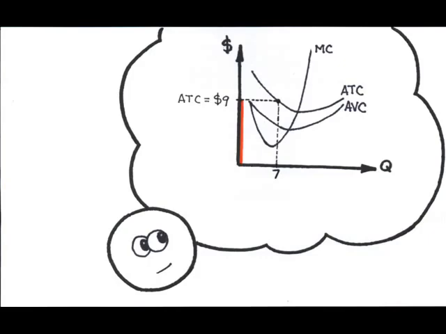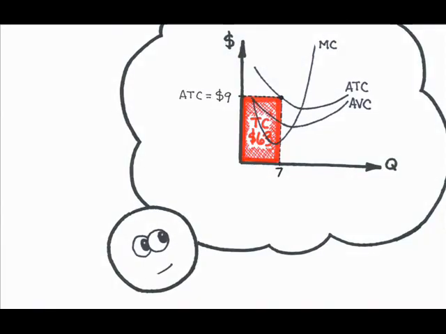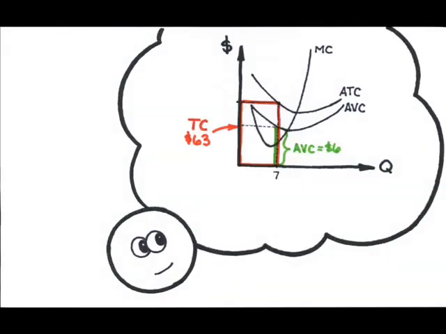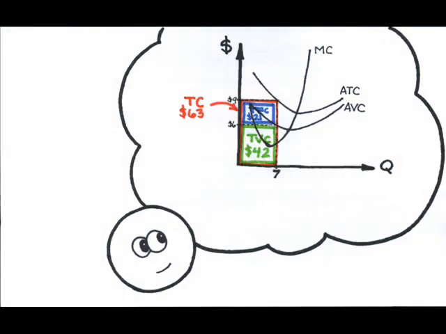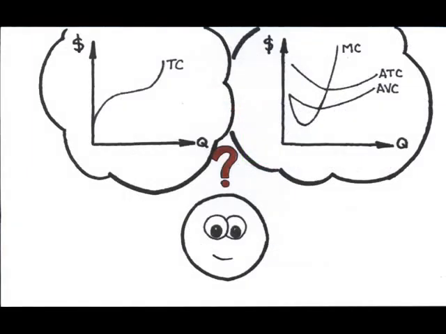If 1 unit costs $9, how much do 7 units cost? $9 per unit times 7 units is $63. The variable piece per unit is $6, so the variable cost of all 7 units must be $42. Therefore, the remaining $21 represents fixed costs. Conclusion? We can get all of the cost information from either of the diagrams.